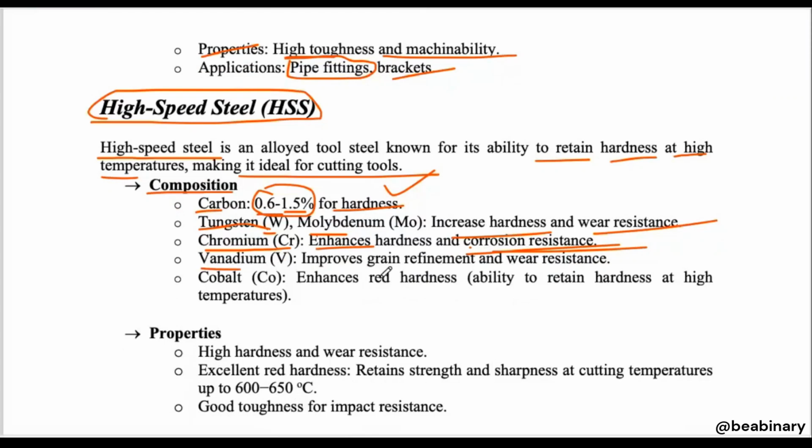Vanadium improves the grain refinement and wear resistance. We talk about cobalt, which enhances the red hardness. Red hardness means the ability to retain hardness at a high temperature. Normal hardness is as I have already discussed. Red hardness means the material can show its hardness at a higher temperature as well.